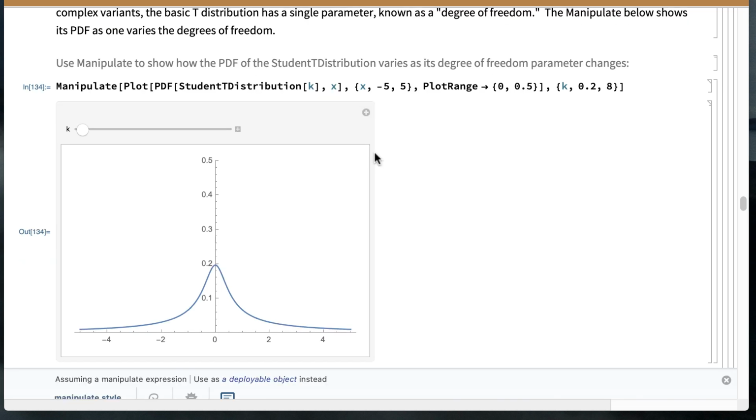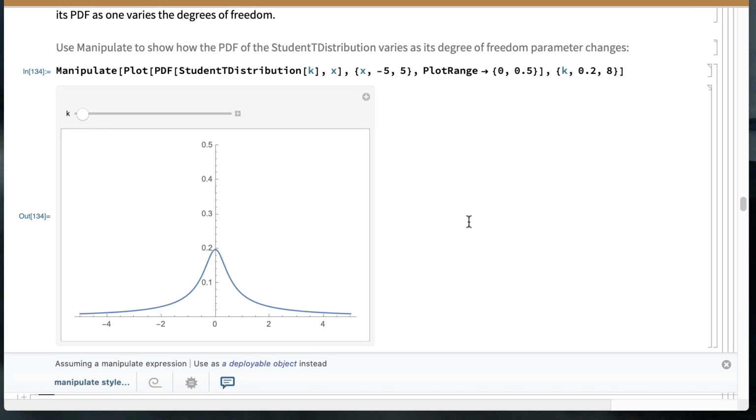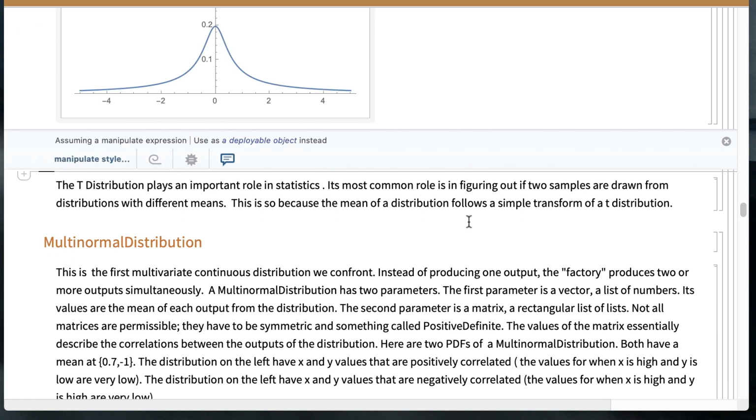So here we are, and we're going to start increasing the degree of freedom, and you can see it's kind of getting tighter around the center, although as I keep increasing it, not much happens. But if I lower that degree of freedom parameter down, you can kind of see it getting fatter around the tails. So that's our student t distribution.